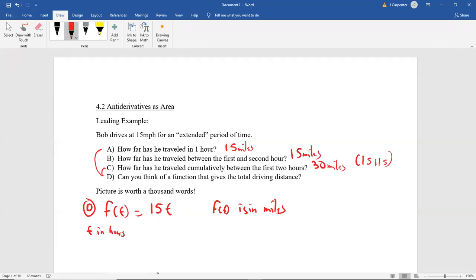The point of all this is, how do you go from just this fact of 15 miles an hour to get this answer of 30 miles? That's what calculus is building us towards. How can we just know that he drove 15 miles per hour and get 30 miles without making this function up off the top of our heads? How could we find this function using calculus?